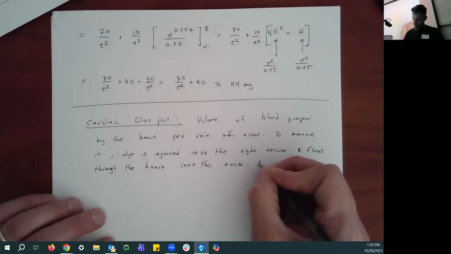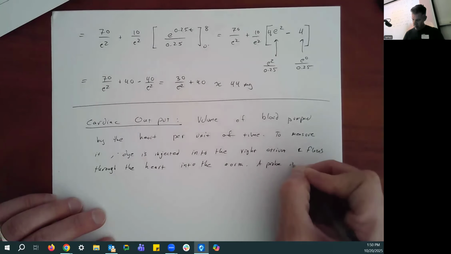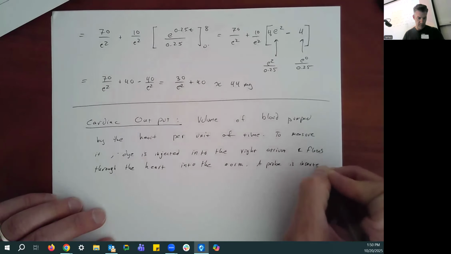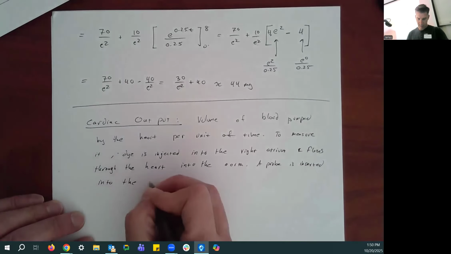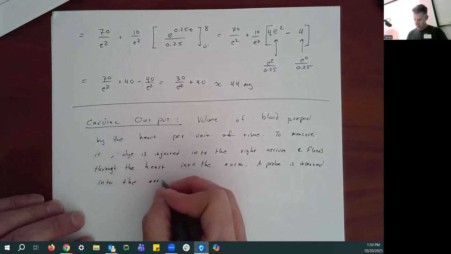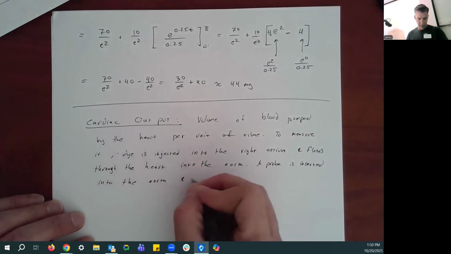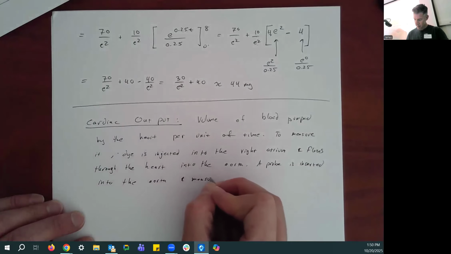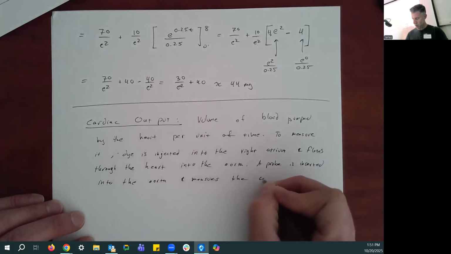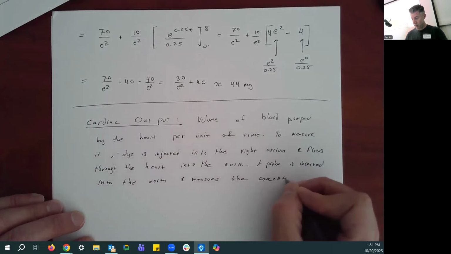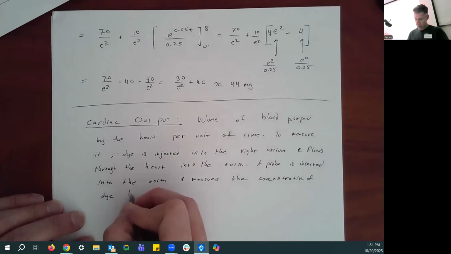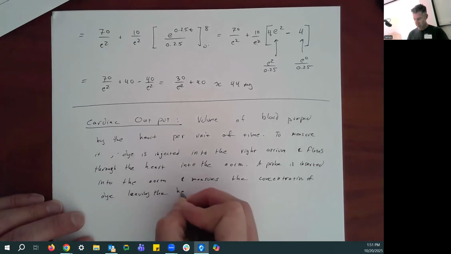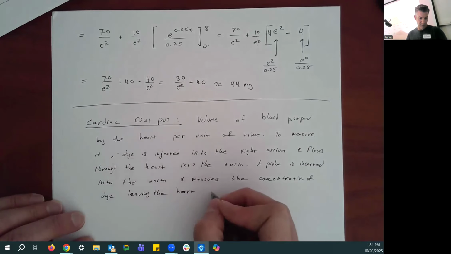And then a probe is inserted into the aorta and measures the concentration, not the amount, the concentration of dye leaving the heart at equally spaced intervals.